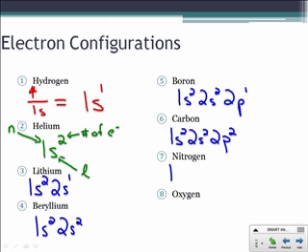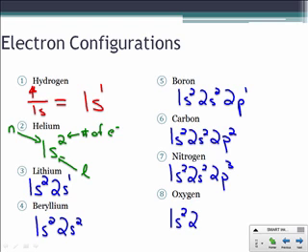For nitrogen, 1s2, 2s2, 2p3. And for oxygen, 1s2, 2s2, 2p4. So the arrows simply become superscripts. Those aren't powers, but they're superscripts to show the number of electrons in each one of those orientations.